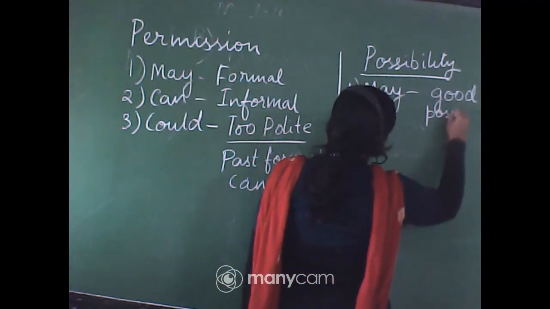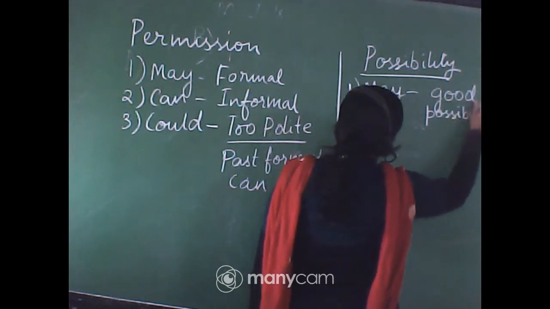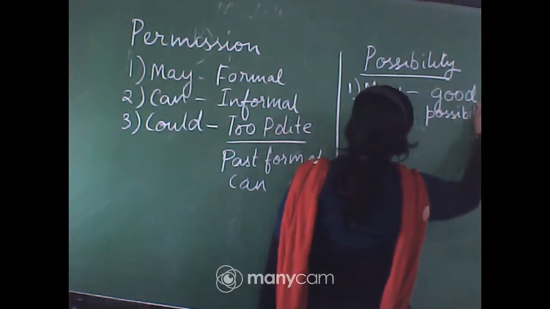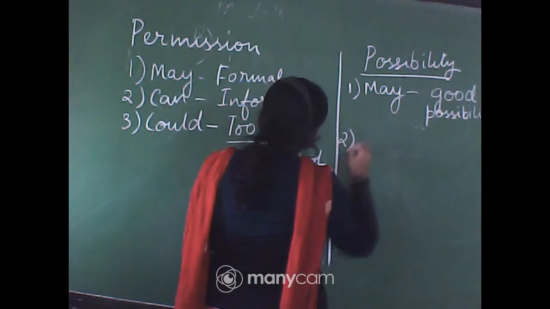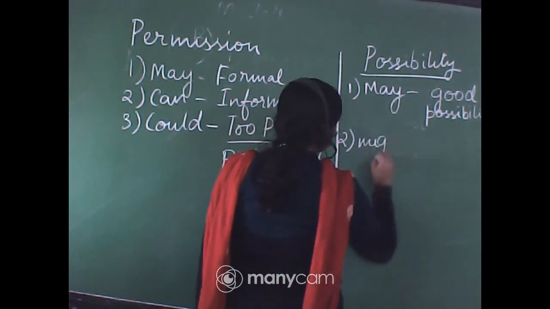Possibility, which is stronger than might. Might suggests a weak possibility.